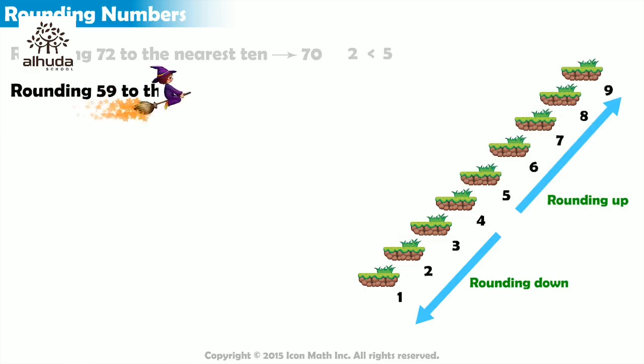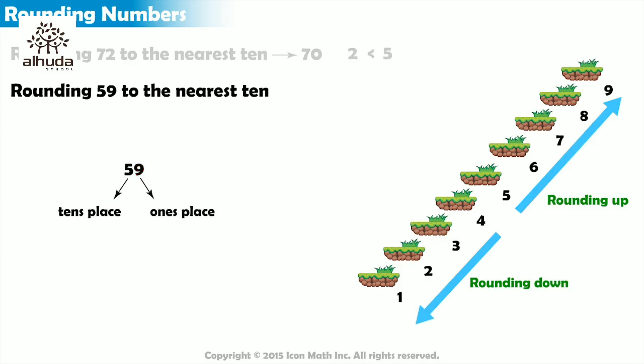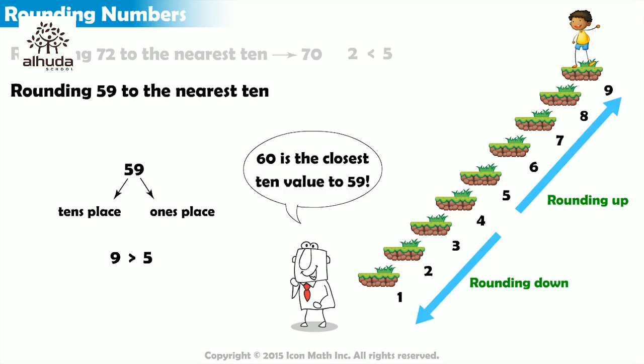What about 59 rounded to the nearest 10? We have 5 in the tens place. This is the place we are rounding to. And the place on its right is the ones place, and it has a 9. 9 is greater than 5, so we round up. The closest 10 value bigger than 59 is 60.